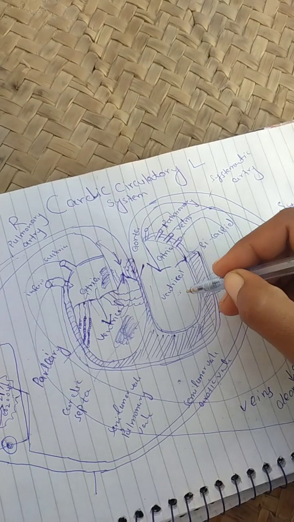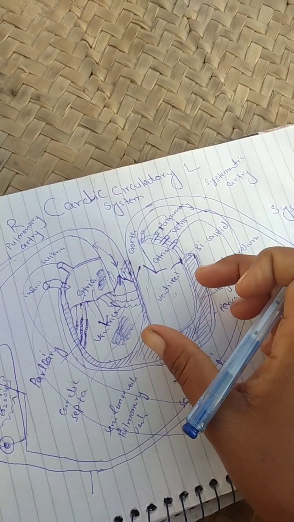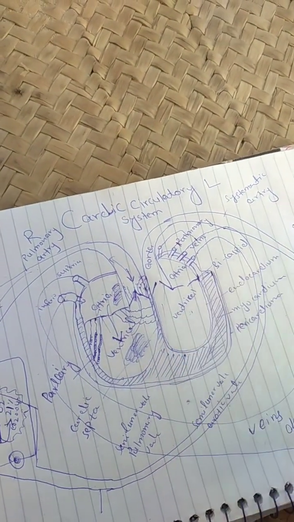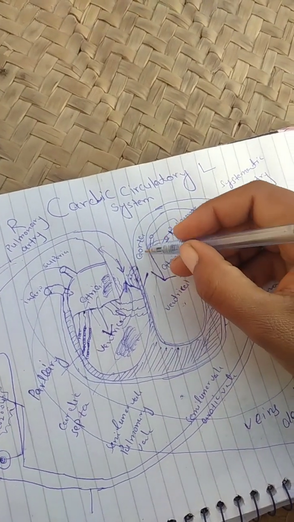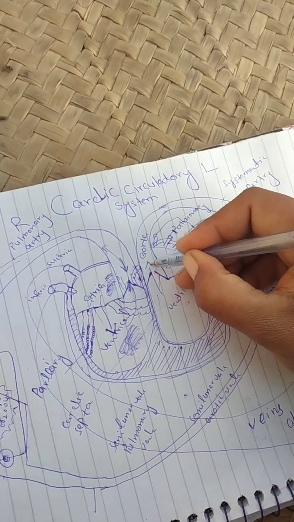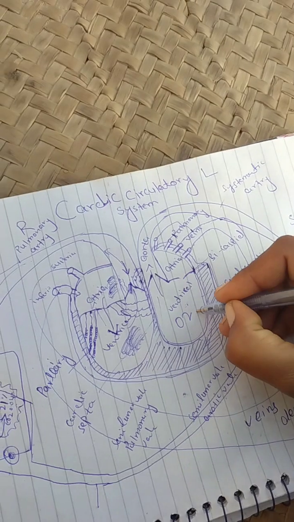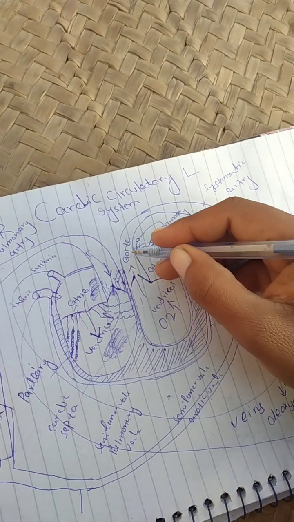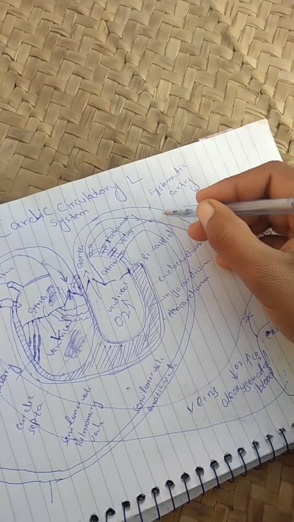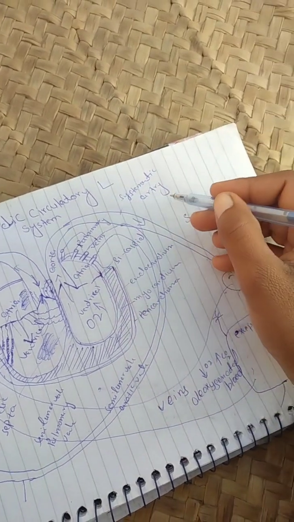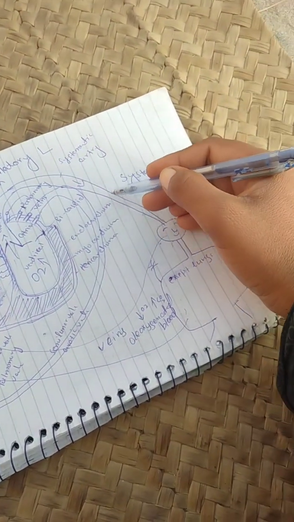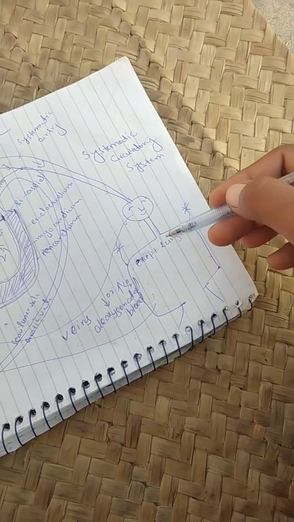In this way blood pressure becomes high and oxygenated blood enters the aorta. The aorta carries oxygenated blood through the systemic arteries toward all parts of the body.